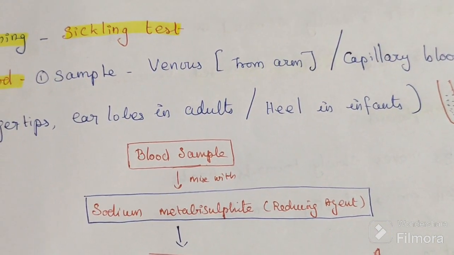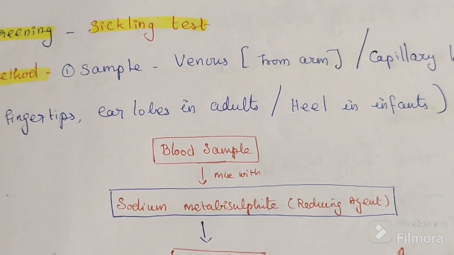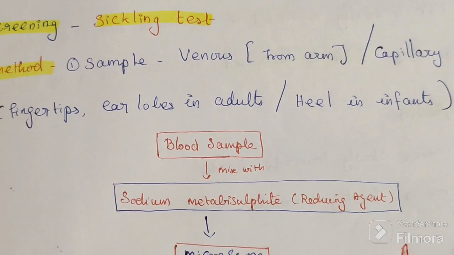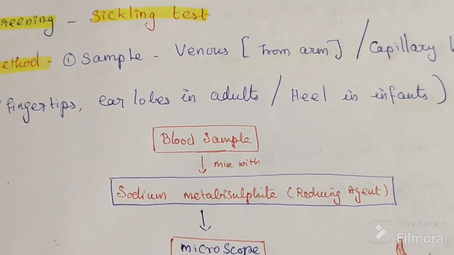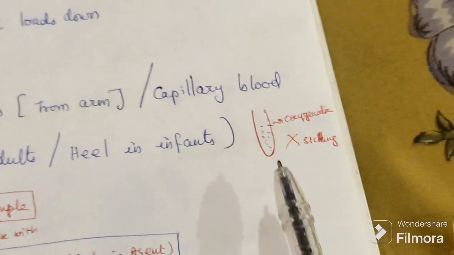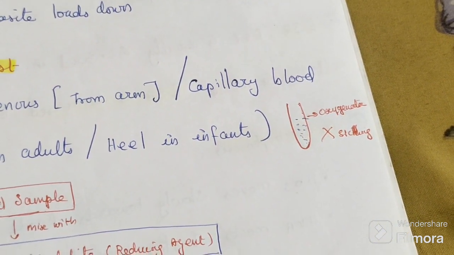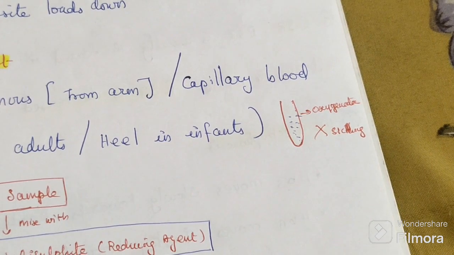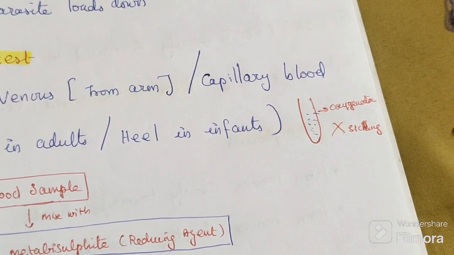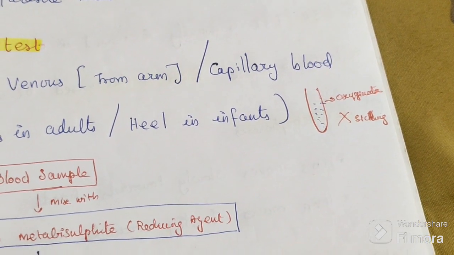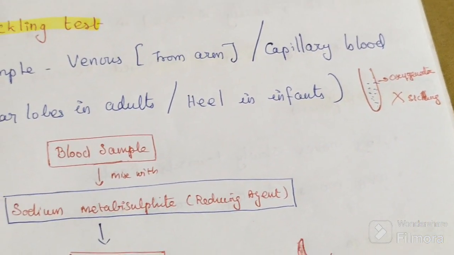In this blood sample of a patient in whom you suspect sickle cell anemia, the patient is in an oxygenated state. In the oxygenated state, you cannot find sickling. So artificially we will create a condition in which a deoxygenated state is created.